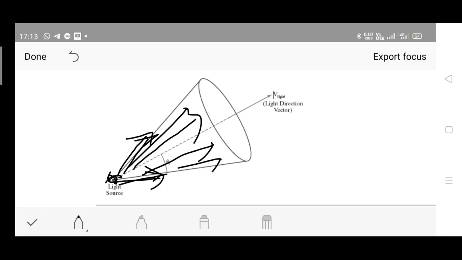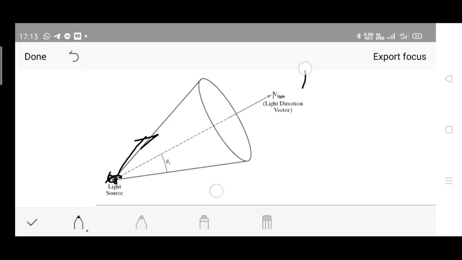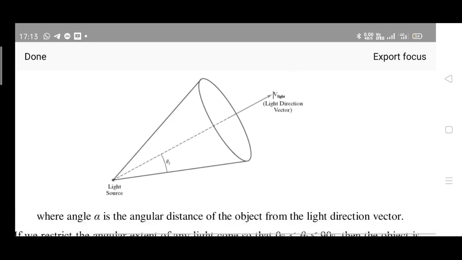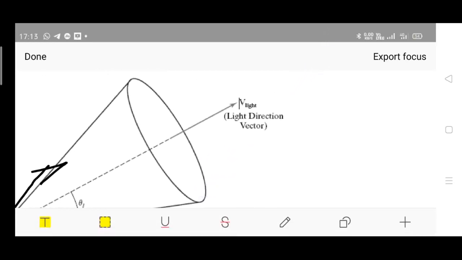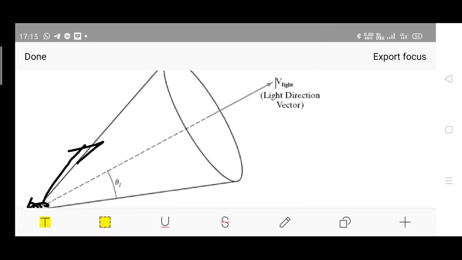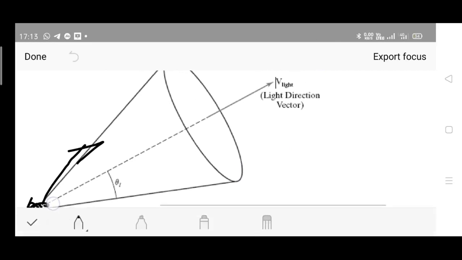I'll just go through the contents of it. I'll delete the things I have marked. Hope it is visible now. Theta is the angular displacement, theta l, whatever you call it, as well as V light, the light direction vector. V light is exactly the midpoint of the conical surface.